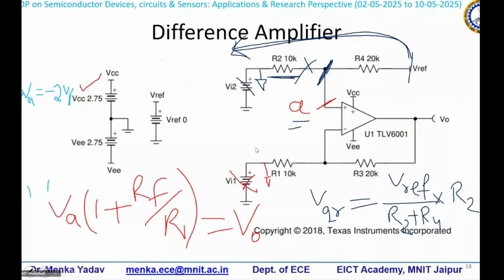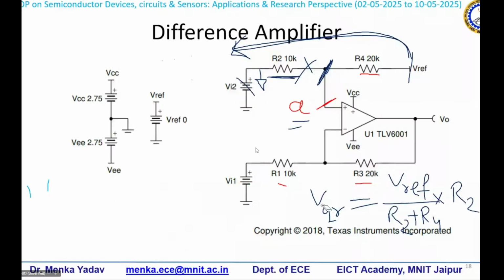Actually, R4 is twice R2 and R3 is also twice R1. Taking these things into consideration, if I find out what I will have at the output, we can represent it in this way.